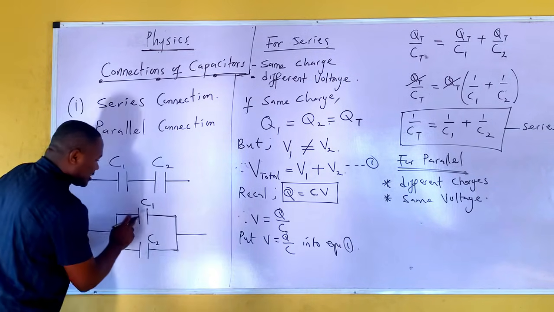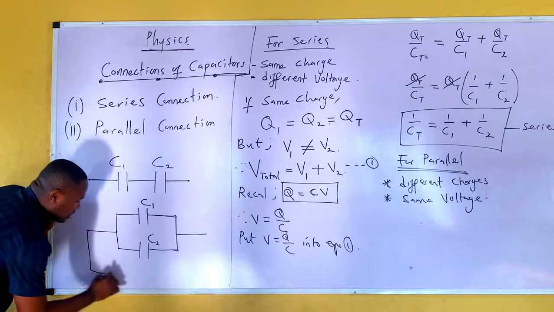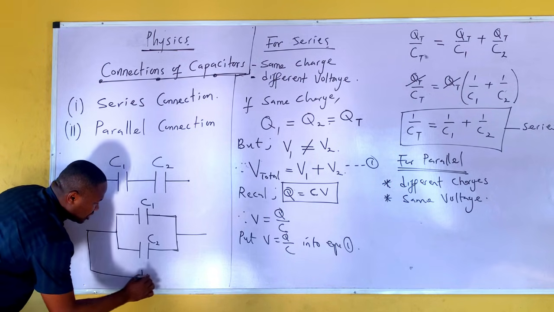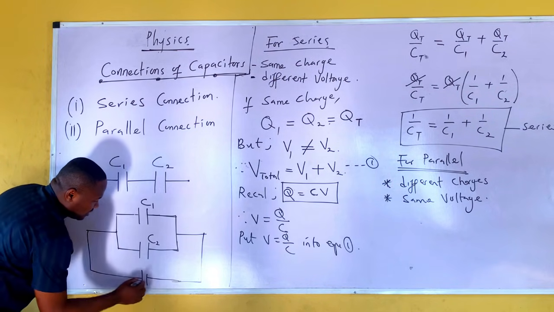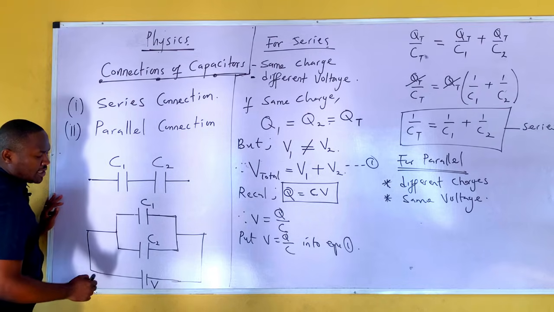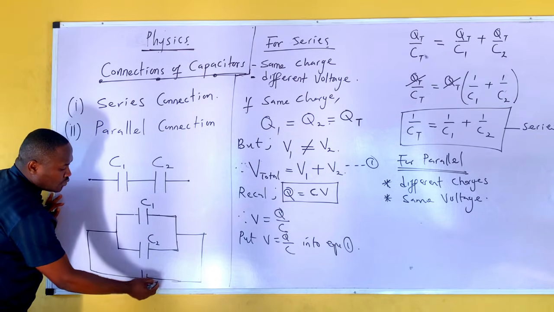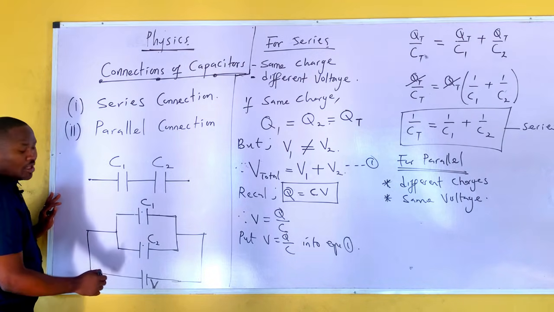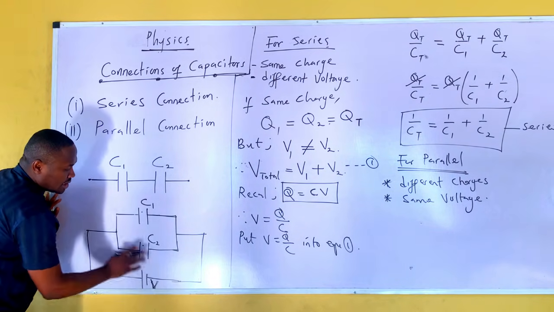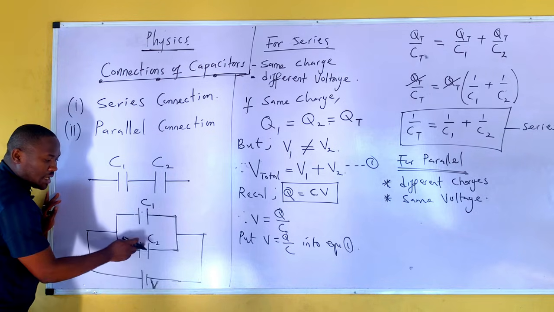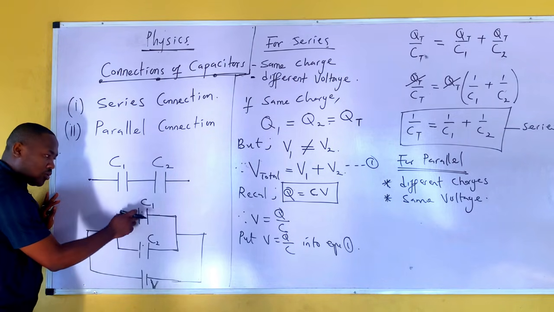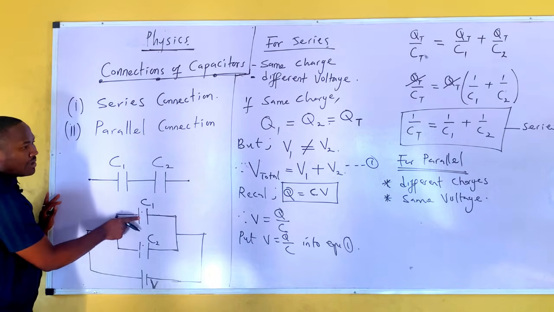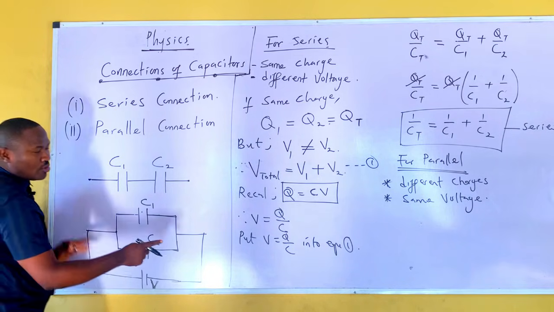So if I have this circuit connected to a voltage, I can tell you that whatever is this voltage here is what will be here and what will be here. Why? Because in parallel they have the same voltage.